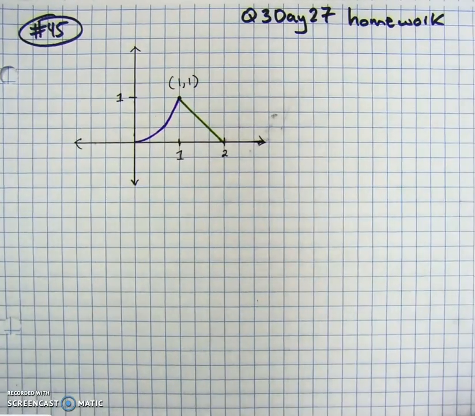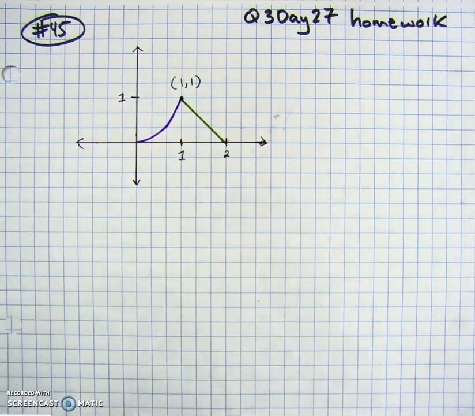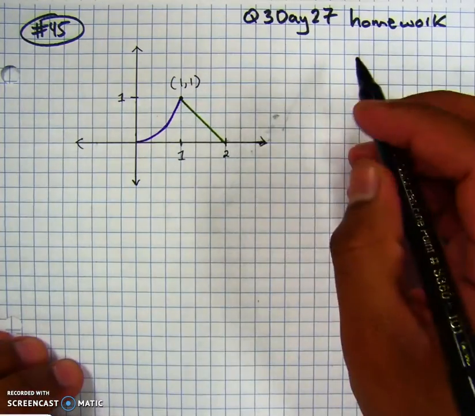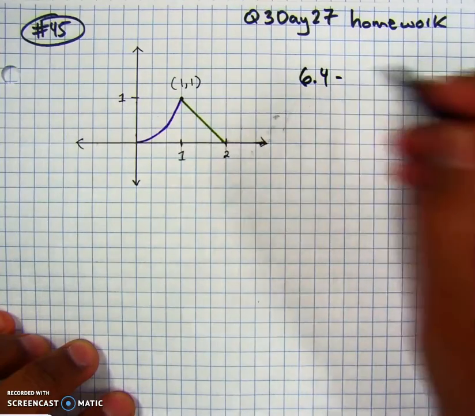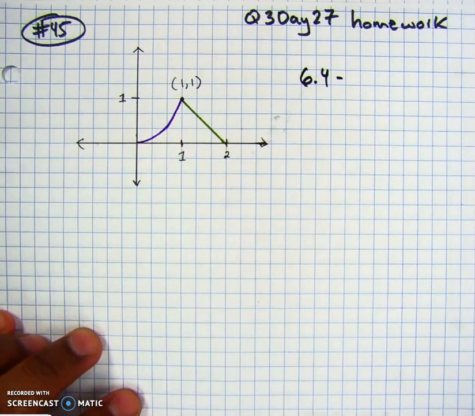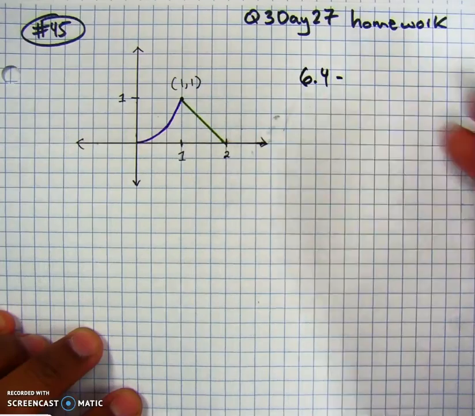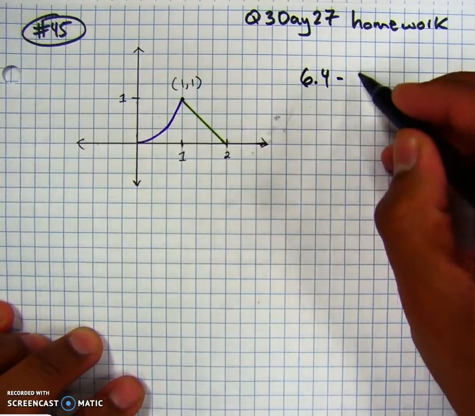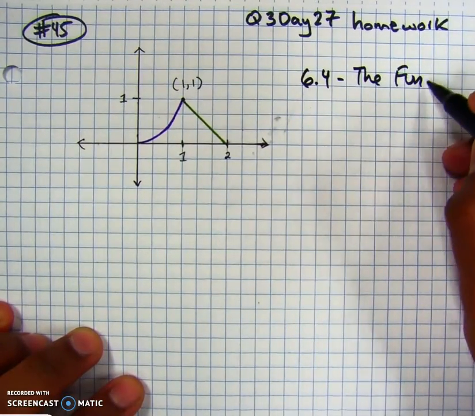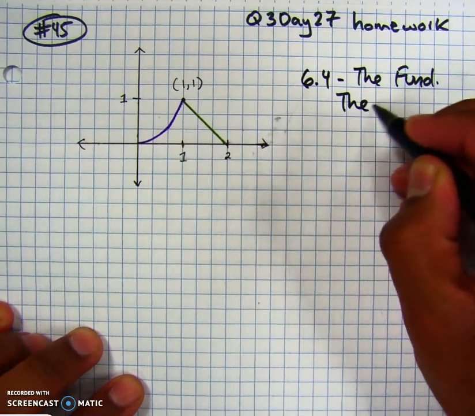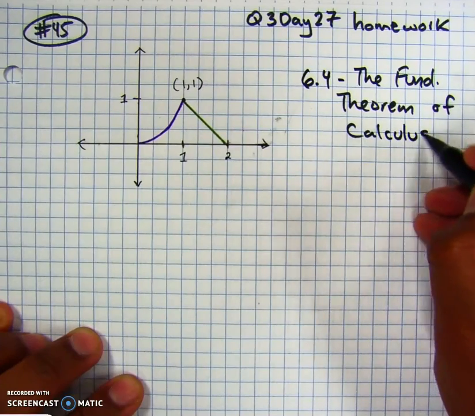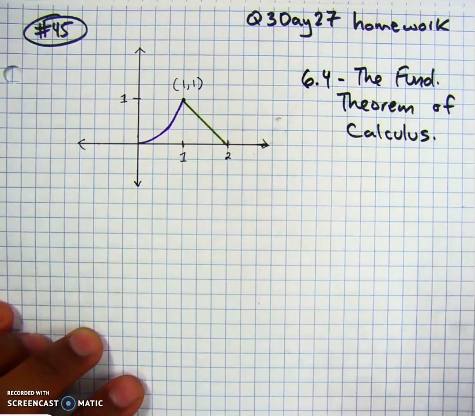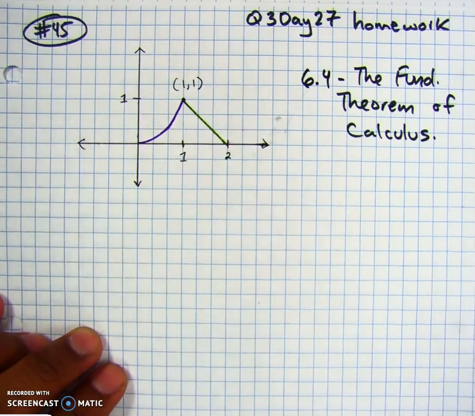So one thing that I want you to notice is this is from page 311. So this is 6.4. 6.4 was obviously before chapter 8, chapter 7. So this is the fundamental theorem of calculus. And I bring this up because you should not be trying to find an upper function minus a lower function.